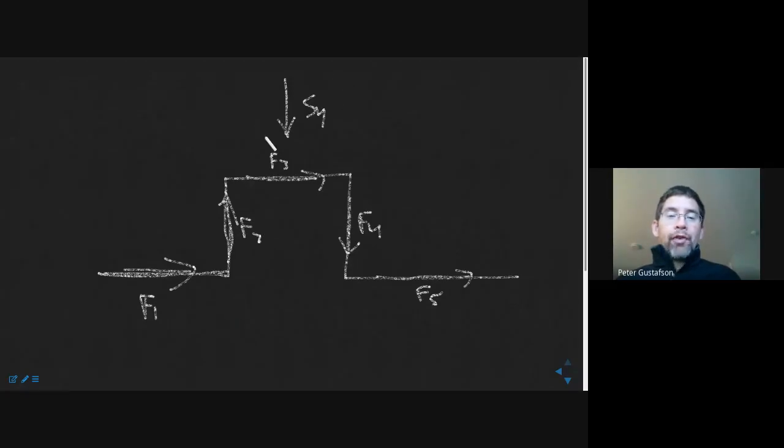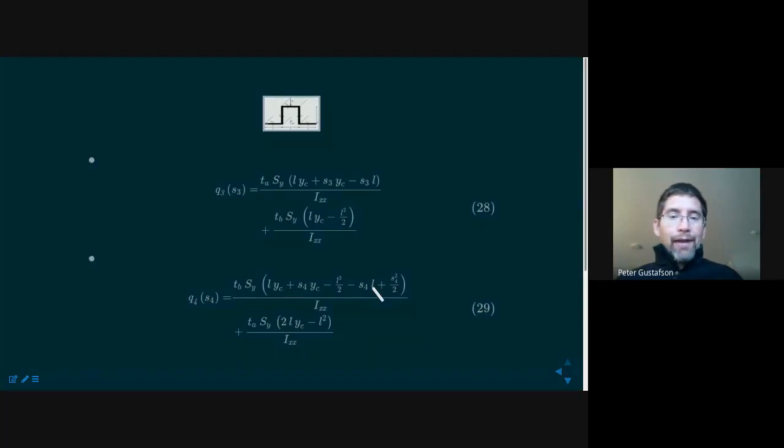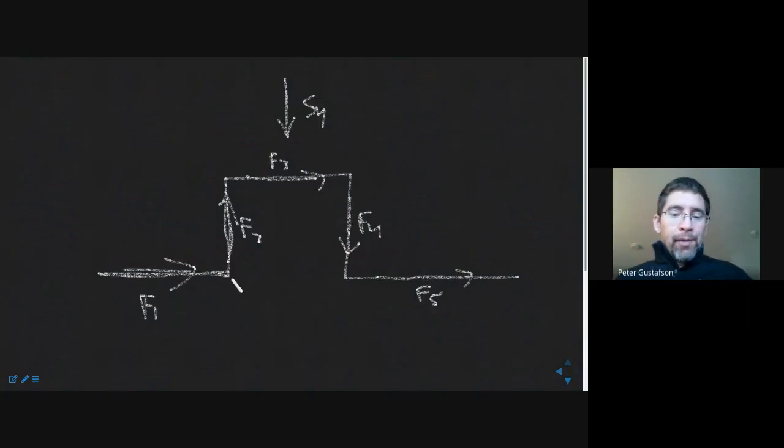This Sy is the static equivalent of the sum of all these forces I've drawn. So bottom line, we're going to go through and calculate 5 forces. Note in this image the direction that I've drawn these forces. They are in the direction of the positive S direction.